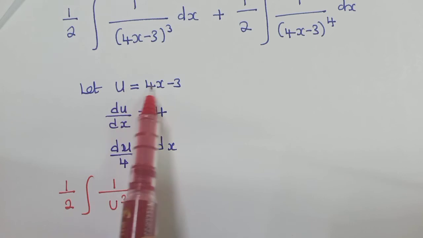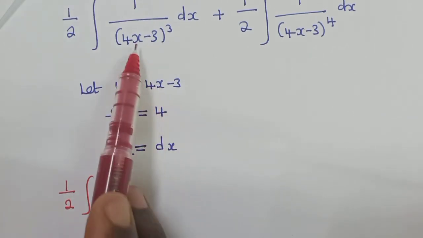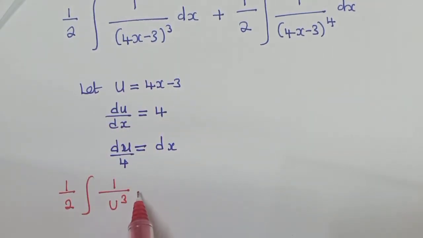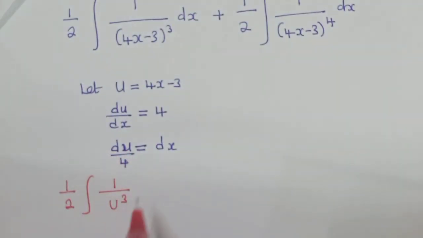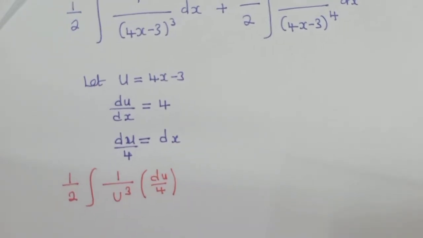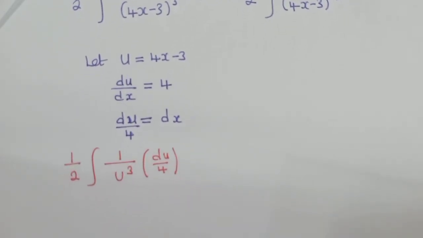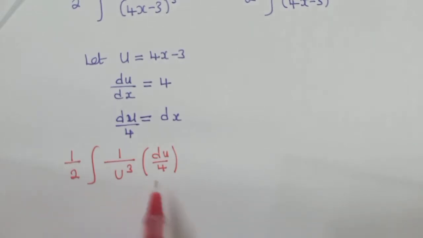Remember we said let u be equal to this. So we just substitute, and where there is dx here, we will put du over 4. And we close. So now we integrate.